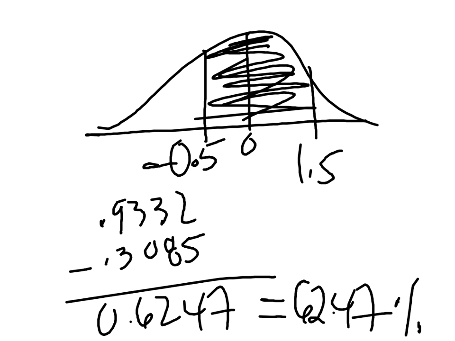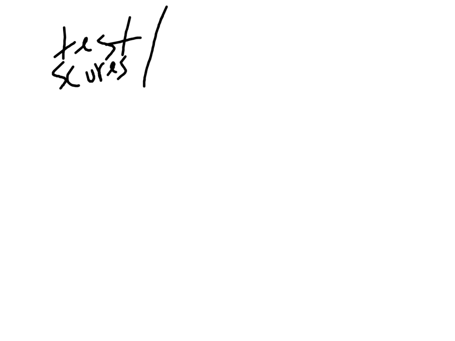Okay, and whether they recycle or not, we know that the probability that somebody generates that amount of trash is 62.47%. Okay, so we've done it with, used that curve for test scores, and we've used it for liters of blood.